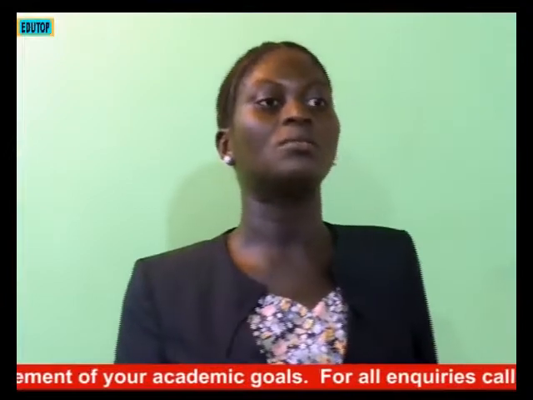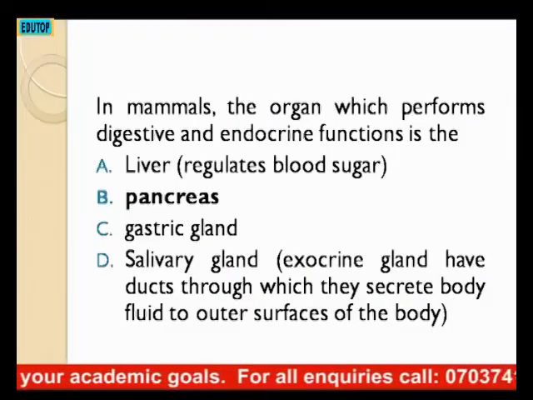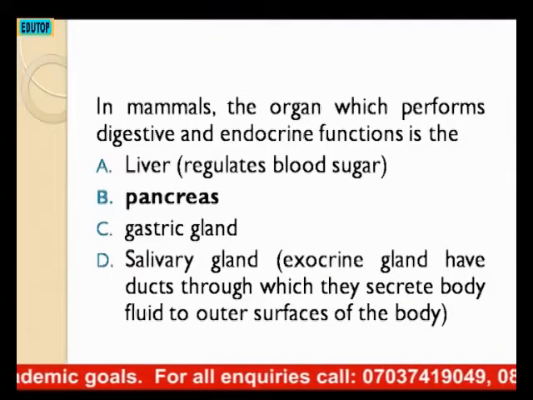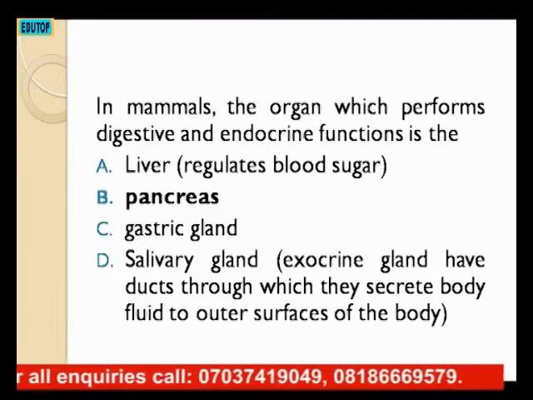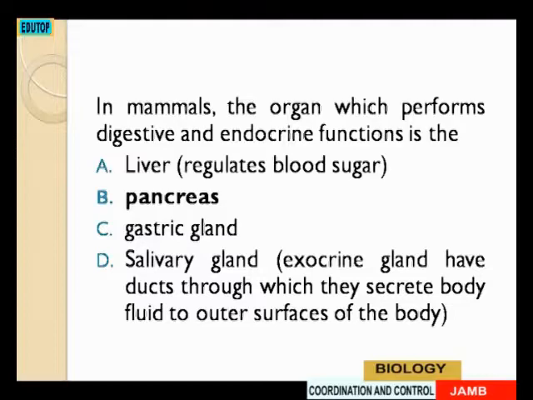The next question. In mammals, the organ which performs digestive and endocrine function is the A. liver, B. the pancreas, C. the gastric juice, D. the salivary gland. The liver regulates blood sugar, converting glucose to glycogen and glycogen to glucose, making sure there is a balance in the sugar level of the system.